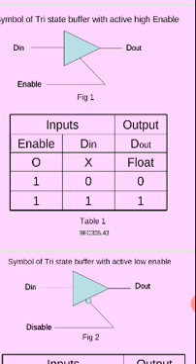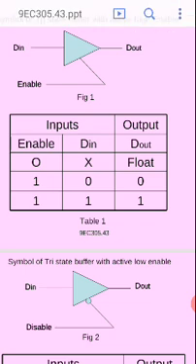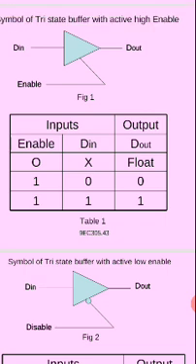For active high enable, the enable input should be 1.